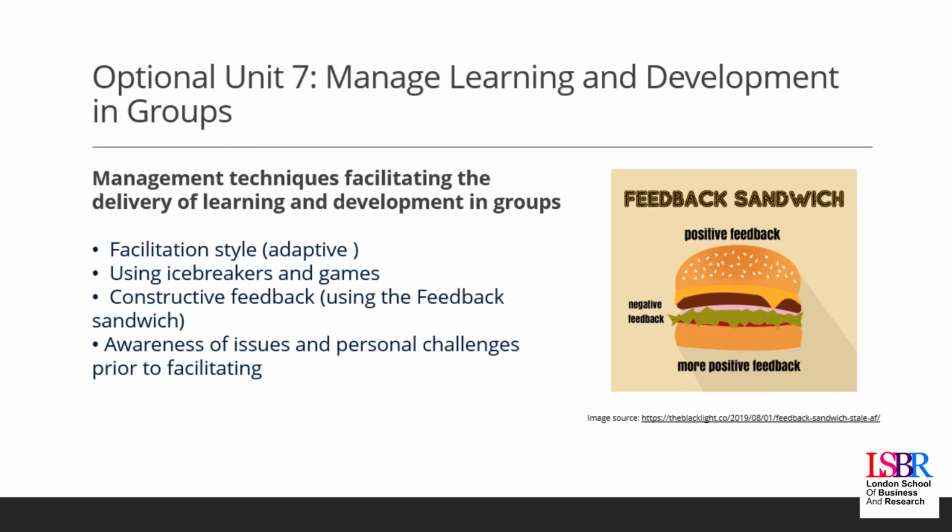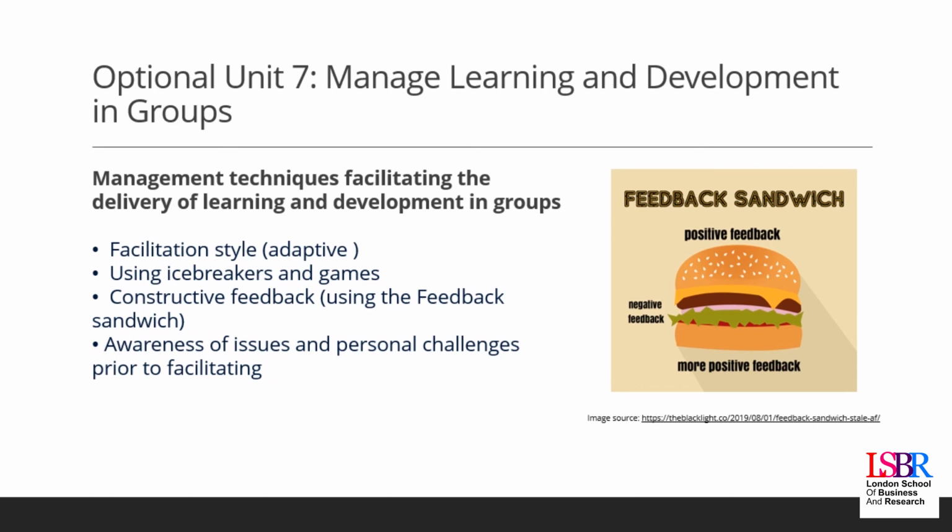We're also going to talk about the risks that we have to consider when we manage learning and development in groups. I've just spoken about the importance of creating an inclusive learning environment, the importance of being compliant, and again, we're also going to be talking about specific learning needs and disabilities that we should consider. We're going to talk about the key legislation.